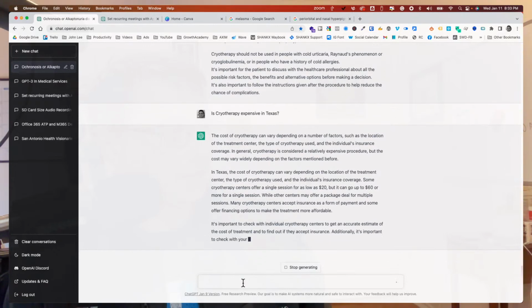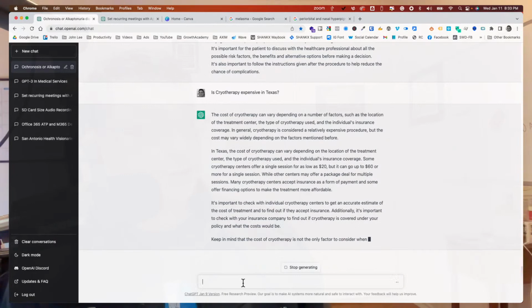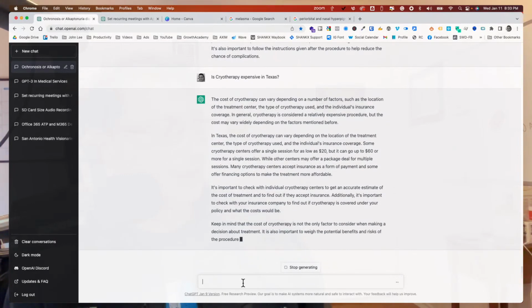Some cryotherapy centers in Texas offer a single session for as low as $20, but it can go up to $60 or more for a single session. Then it talks about package deals. Keep in mind that the cost of cryotherapy is not the only factor to consider when making a decision.